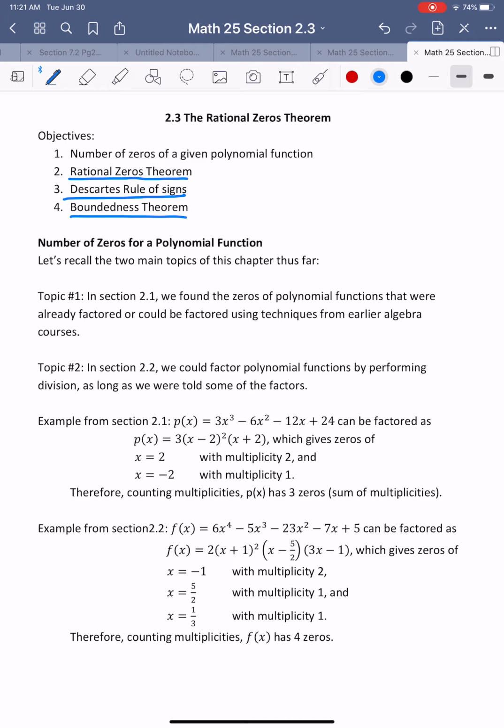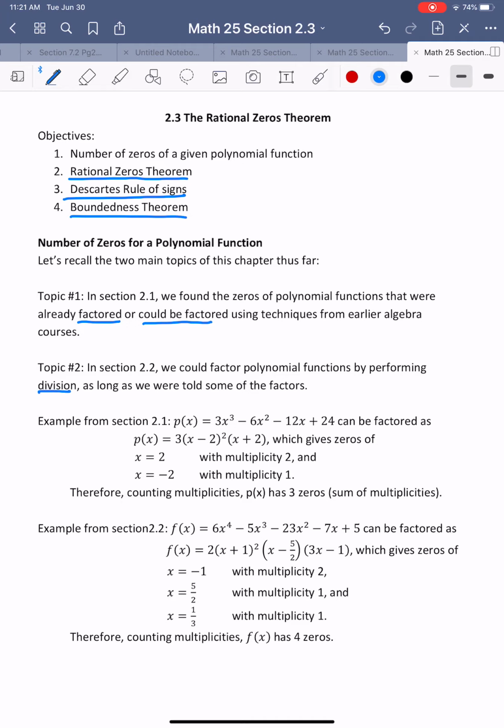So let's recall the two main topics of this chapter thus far. Topic one: in section 2.1, we found the zeros of polynomial functions that were already factored or could be factored using techniques from the earlier algebra course. Topic two: in section 2.2, we could factor polynomial functions by performing division as long as we were told some of the factors.